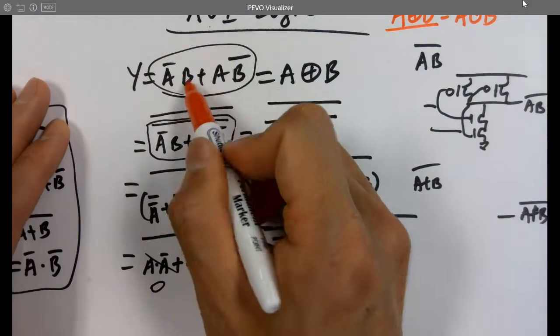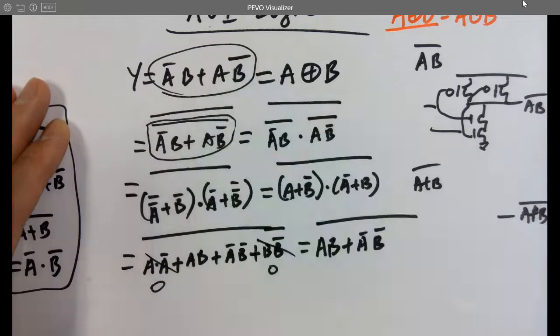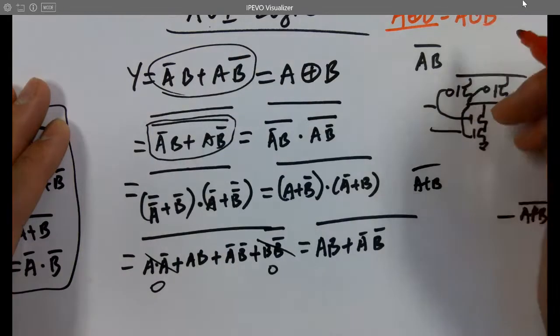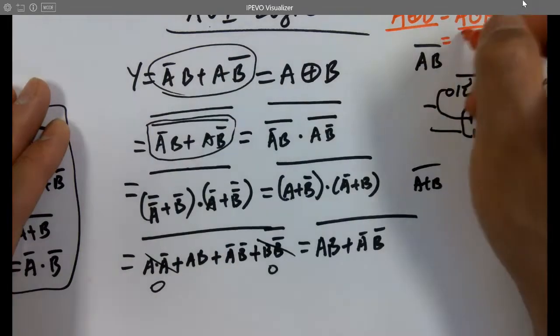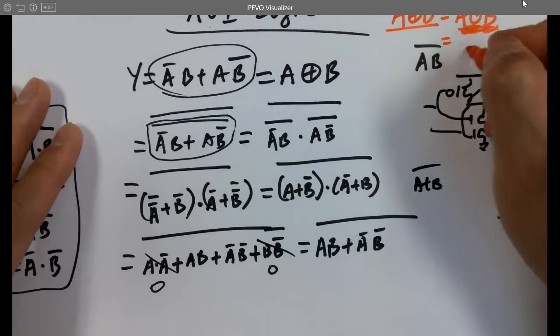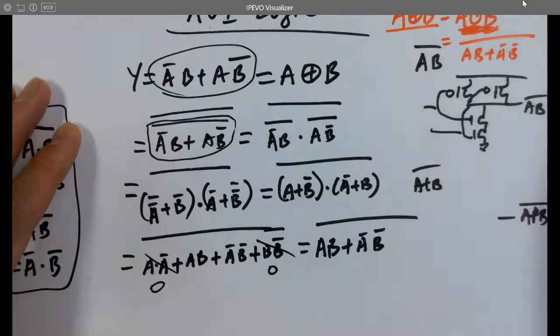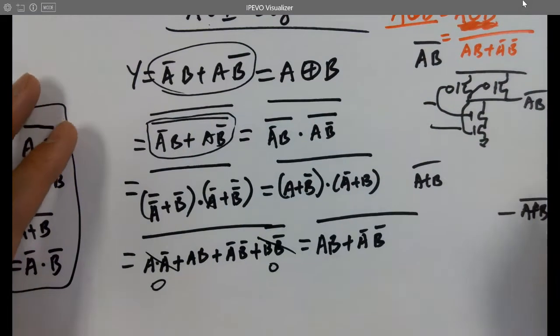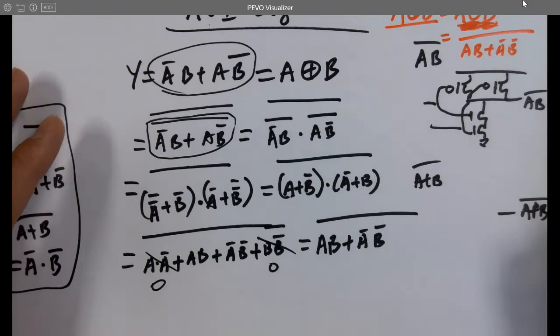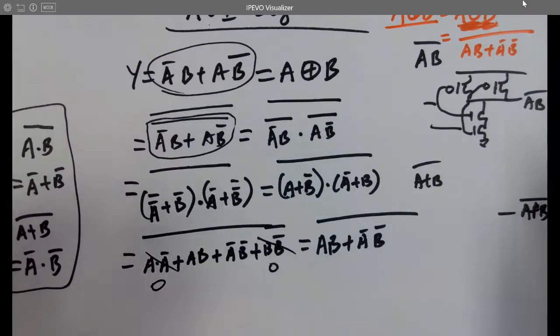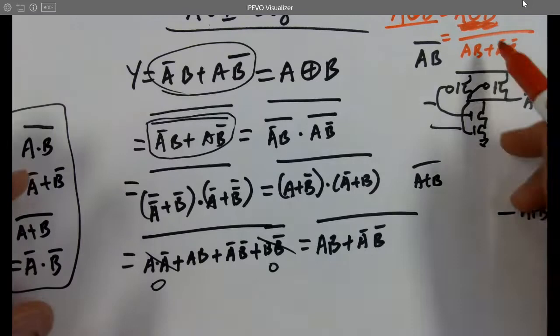It is A not B or A B not. What is A XNOR B? This guy is A B or A not B not. Boring. Yeah, conclusions from Logic 1.